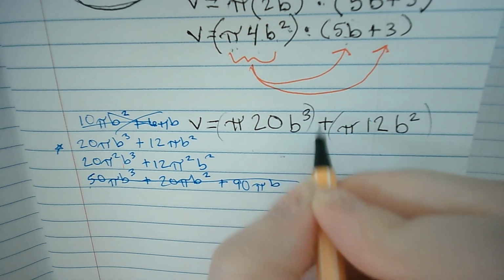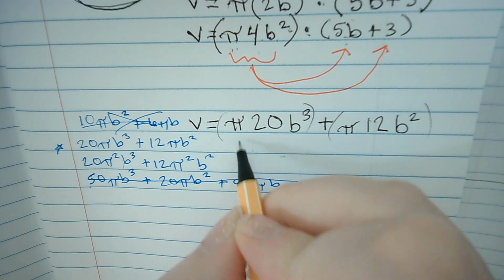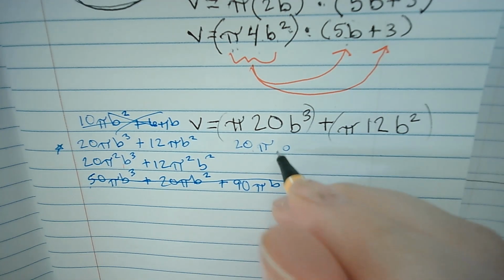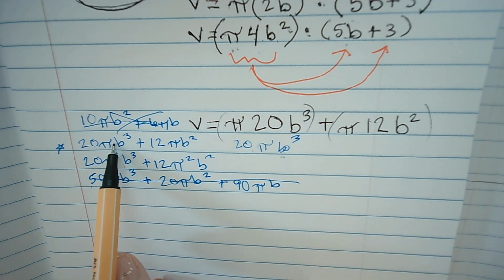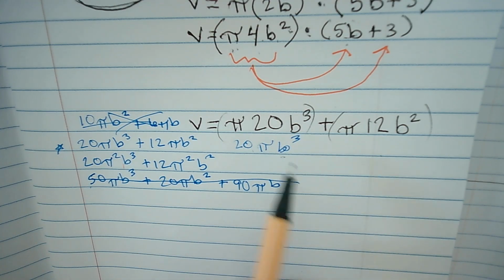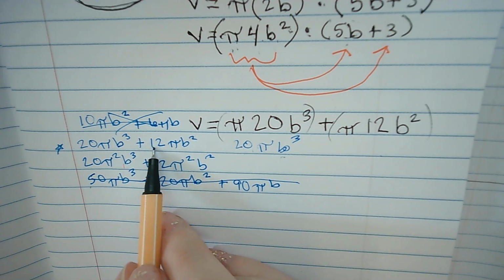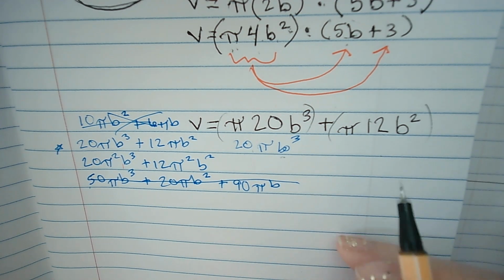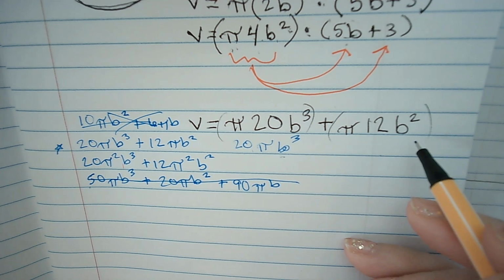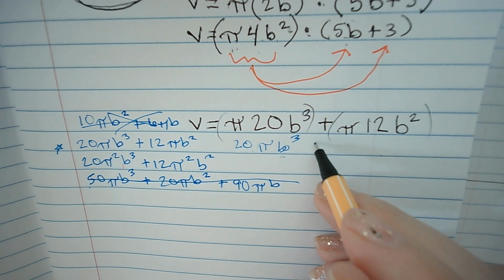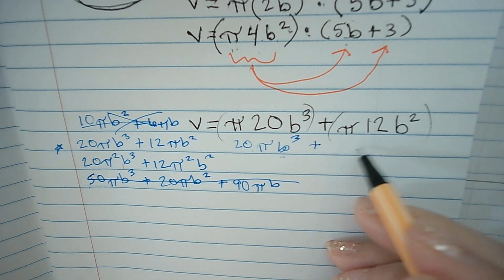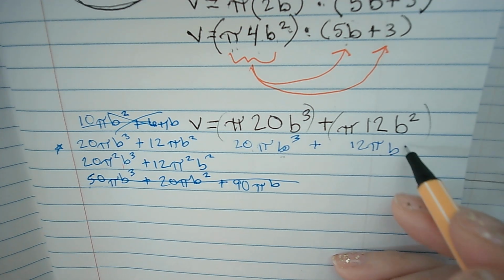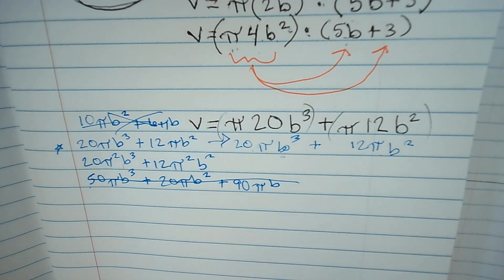I'm going to use the same entities here. We have 20 pi b cubed. And same thing over here. They have it 12 pi b squared. I have pi 12 b squared. It doesn't matter. If it's multiplication and they're together like this, it doesn't matter the order. Make sure we have our plus sign, right? So if I put 12 pi, it's the same as pi 12, right? It's the same thing. So this answer is what we got.